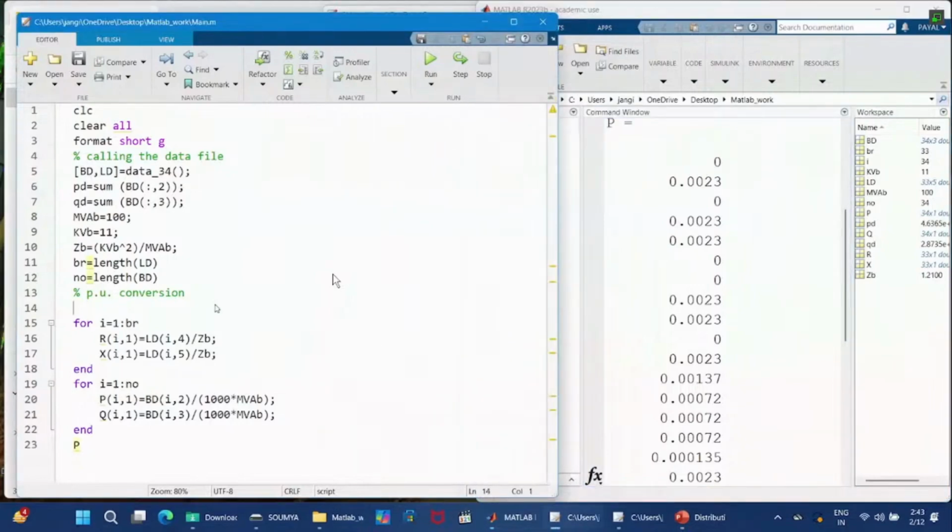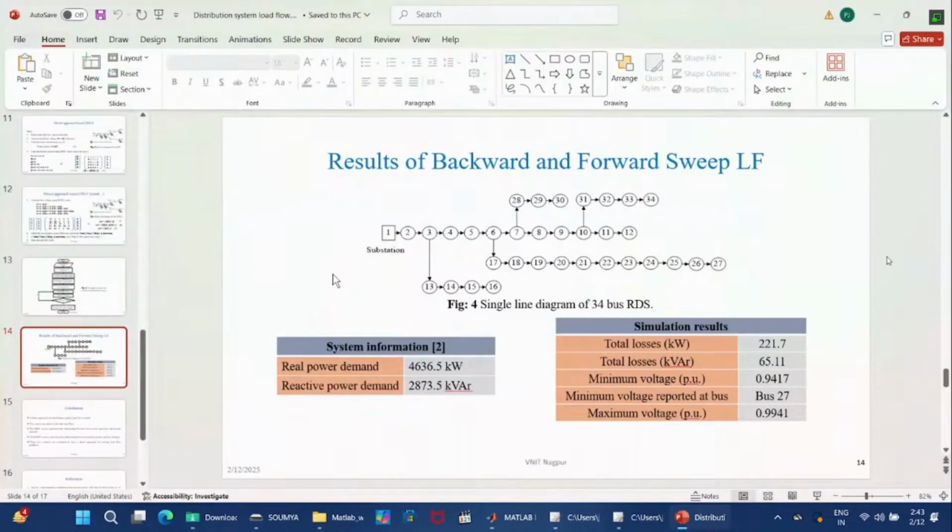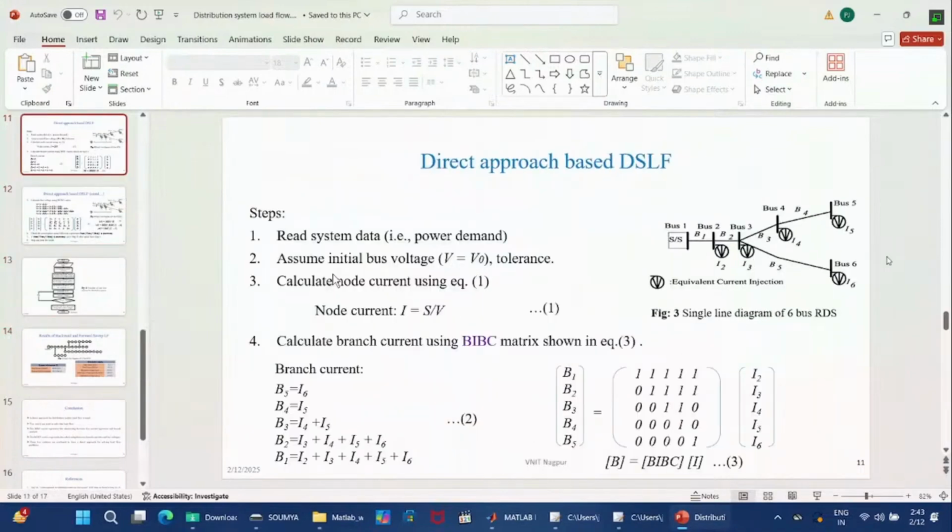Okay, now move ahead. Now our next part is to form the BIBC matrix. Now I will go to our previous slide, and it will help us to formulate this BIBC matrix. If you recall, in our first hour lecture, this matrix was the BIBC matrix.